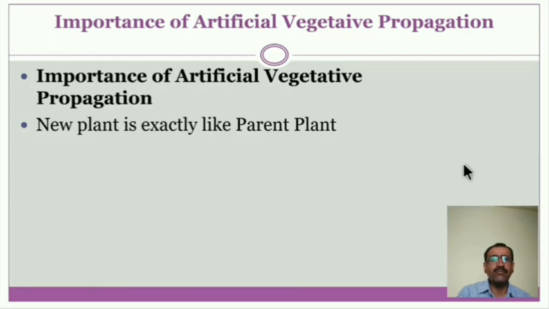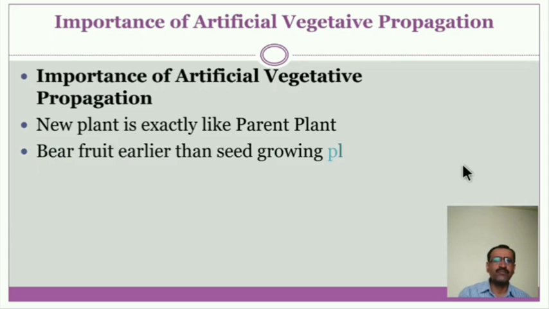The main aim is to produce a new plant that is exactly like the parent plant. Any desirable feature of the parent plant will be replicated in the new plant. So plants identical to the parent plant can be produced with the help of artificial vegetative propagation. That is the first importance.